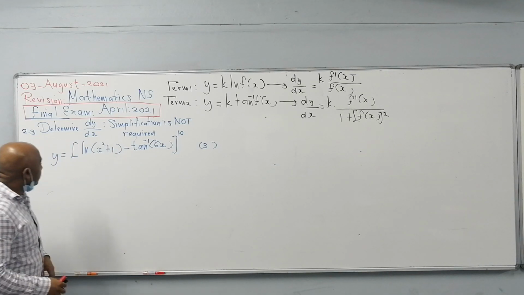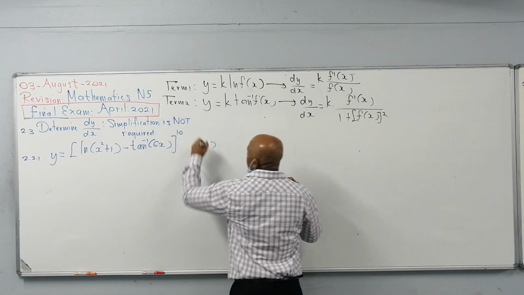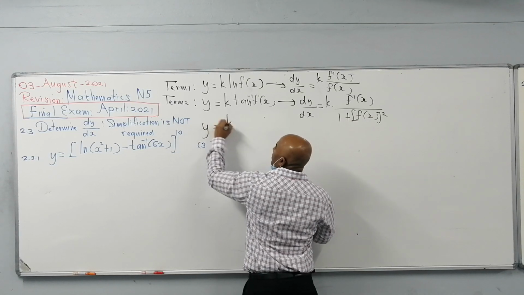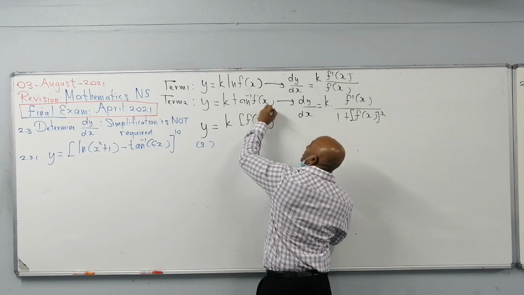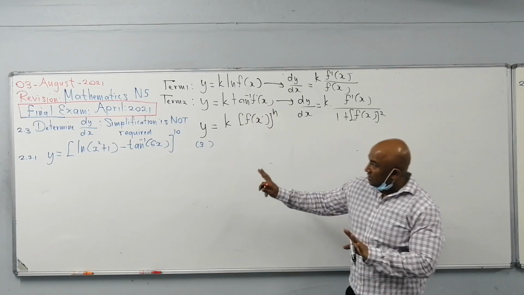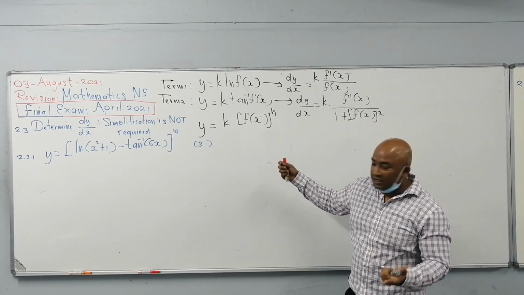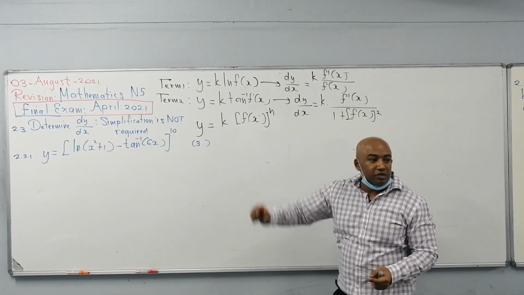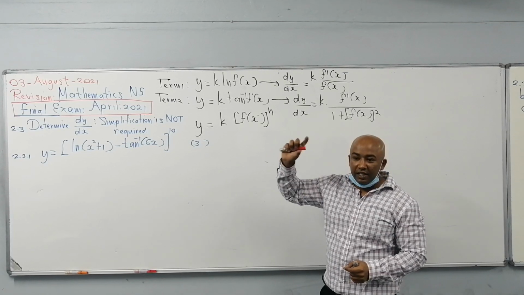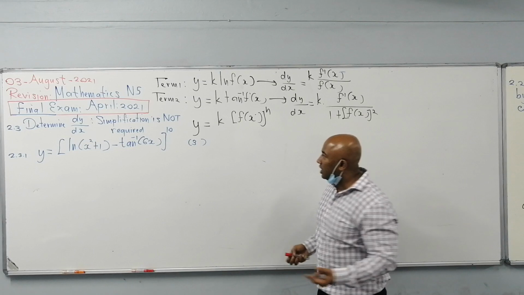Now, how does this problem begin? It is in the form k f of x to the power n. When you read it, that's the first thing that you must realize, that it's in the form f of x to the power n. That means you have a power which is a number. So what rule do you use? You use the chain rule.